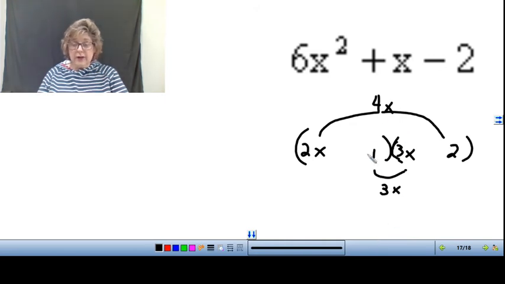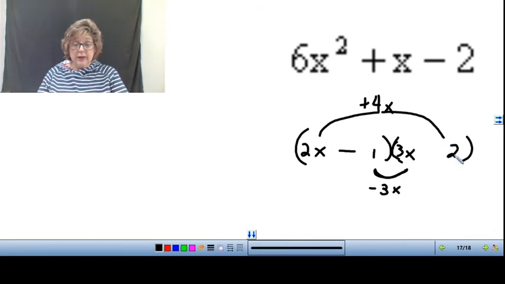So I've got to figure out now my sign. I know it's positive, so I know the 4 has to be the positive and the 3 has to be the negative. So when I multiply 1 by 3, I want it to be the negative. So that means that's the negative. And when I multiply the 2x times x, I want it to be a positive.